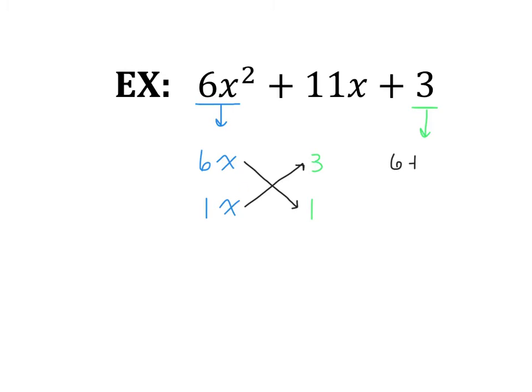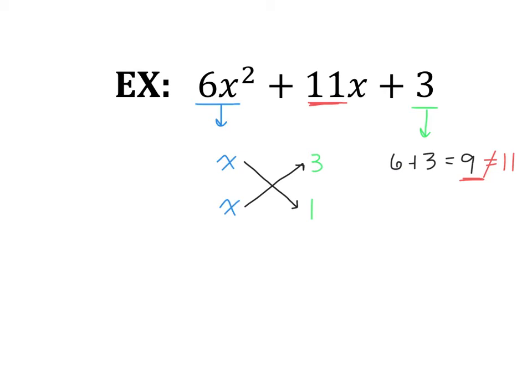And I'm just looking at the coefficients. Well, 1 times 3 is 3, and 6 plus 3 is 9. What this number needs to be is this middle number. Well, 9 is not 11, okay? So I know it can't be 6 and 1, so I'm going to delete those.